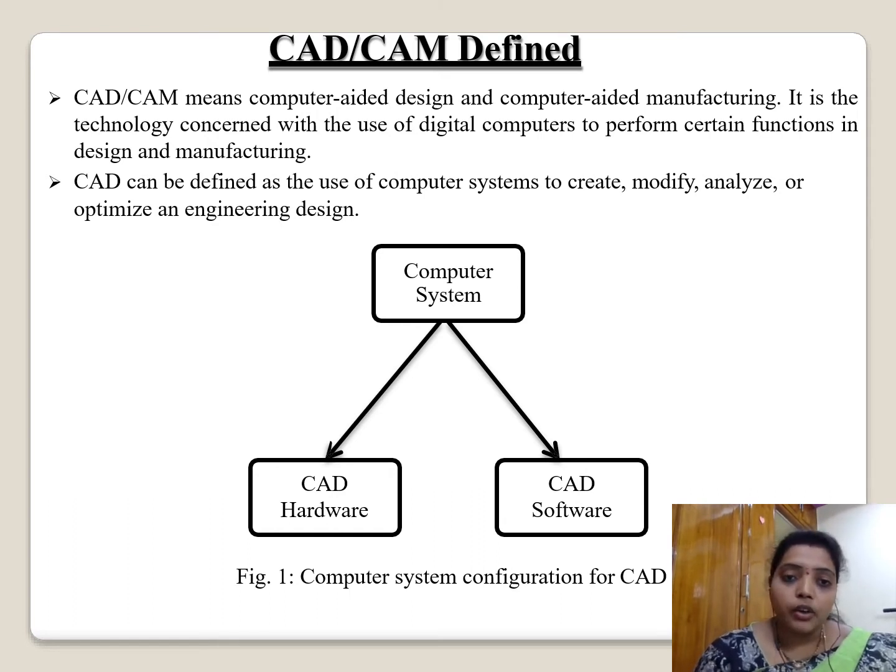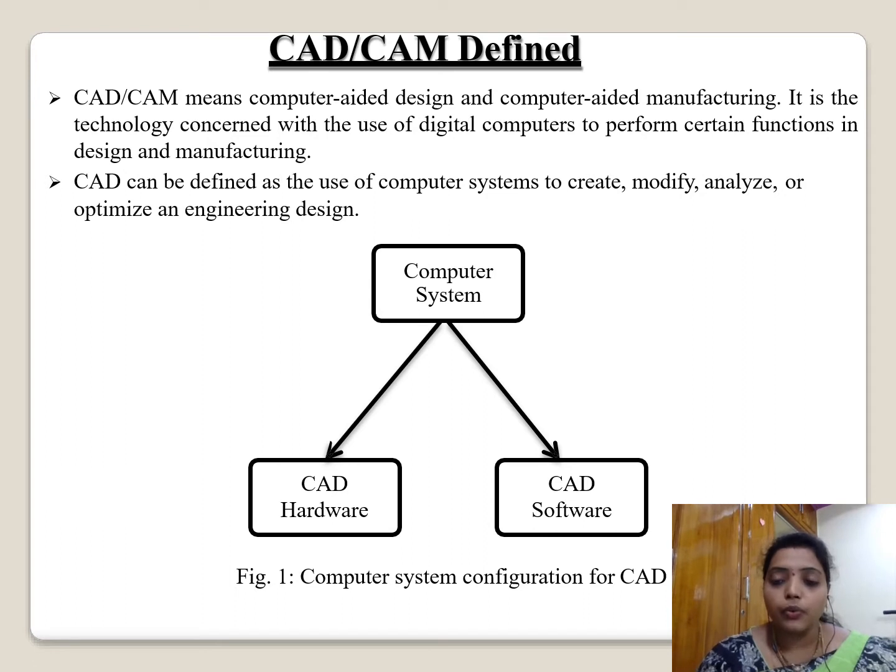What is meant by optimization? Optimization means we are developing the object to the customer requirement. First of all we create the basic model of the object, and afterwards by modifying and analyzing we are completing and improving the quality of the object using the CAD software, which is known as engineering design.